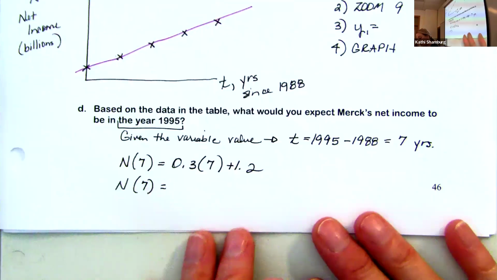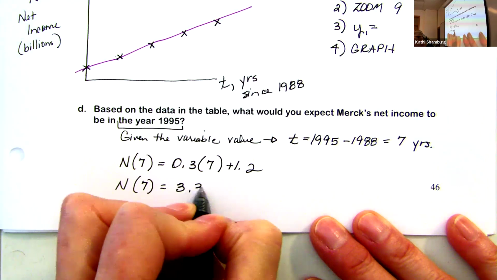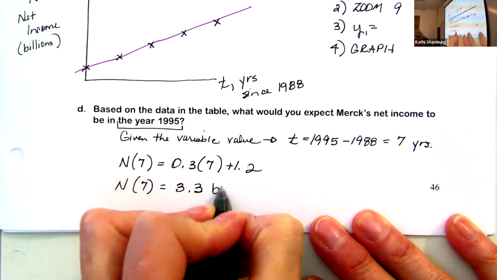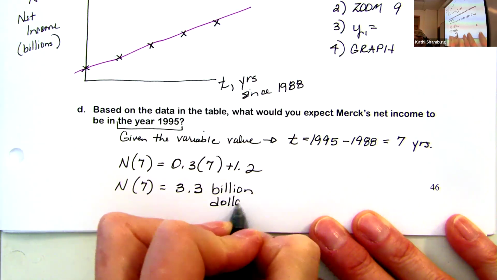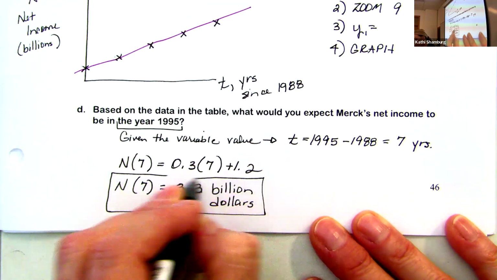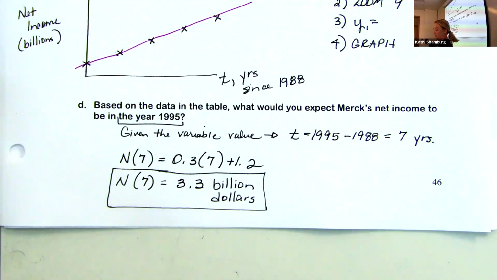And what does that calculate to be? 3.3. 3.3 billion dollars. Yes, if you want to pull that from the table, unless the directions told you to do otherwise, yes, you may. Just be sure to make notation of that if it were a test, so I know where you pulled it from. Okay. All right, y'all.